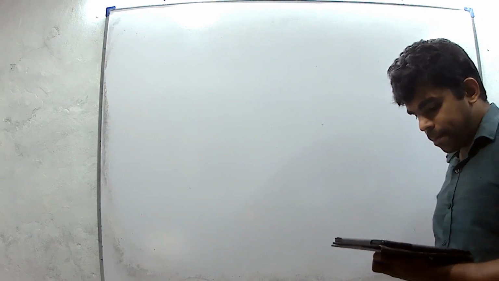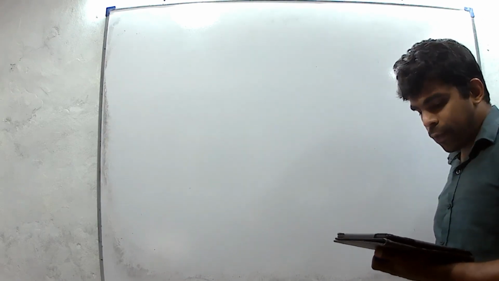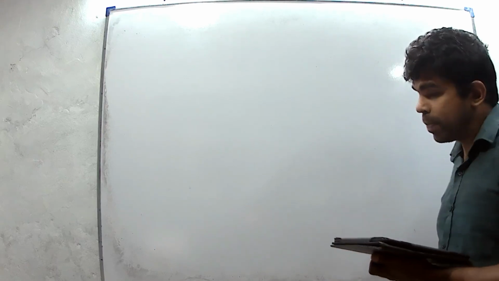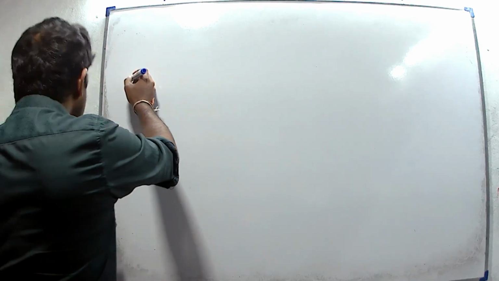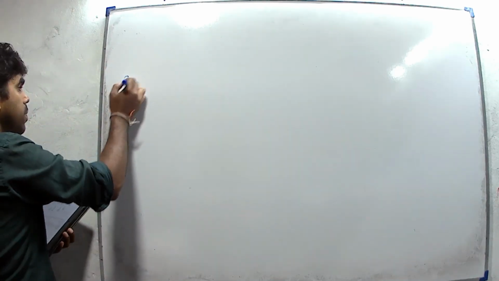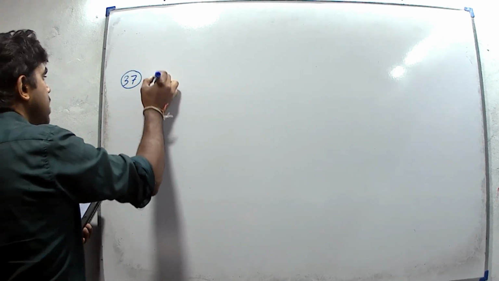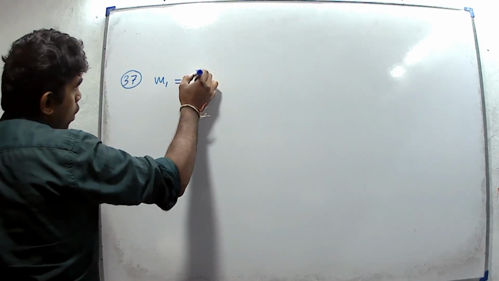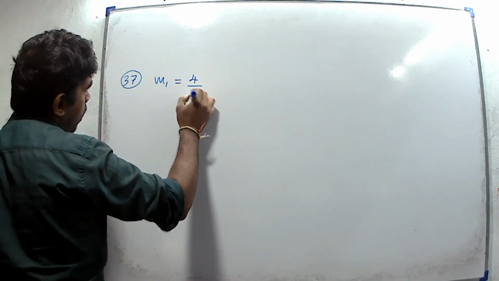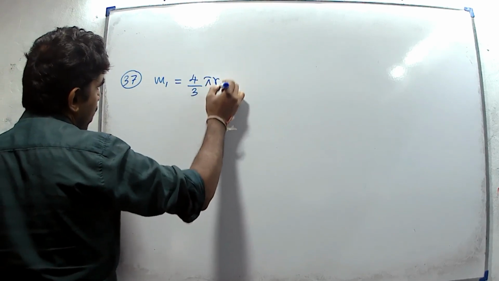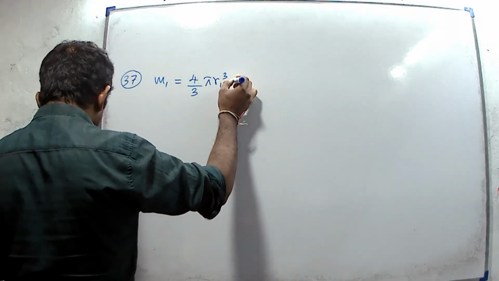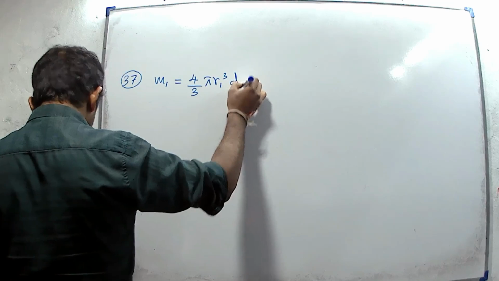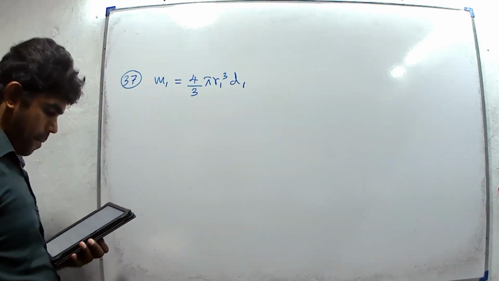To get the density of the given composite object, we can consider the mass of the inner sphere. I will consider it as m1, equals volume into density. Volume 4/3 pi r1 cube into density d1.